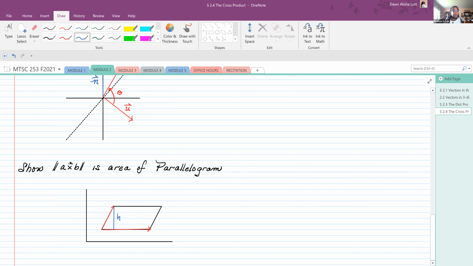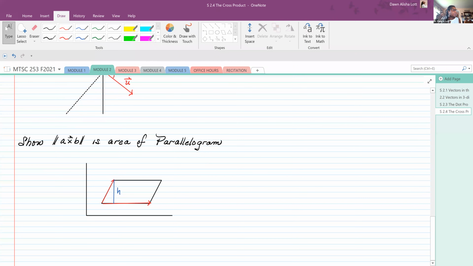So now from this, I can see that the area of this parallelogram is the base times the height. But the base is equal to the length.